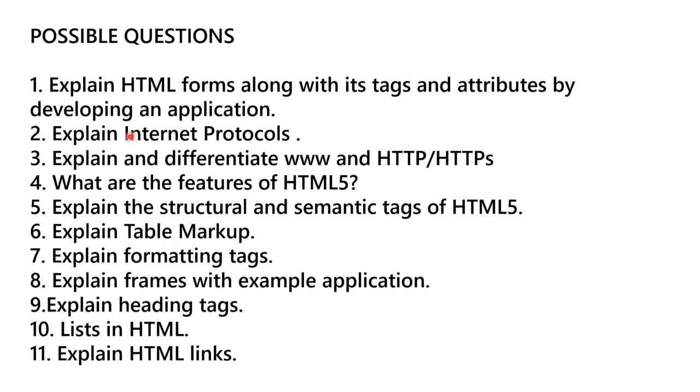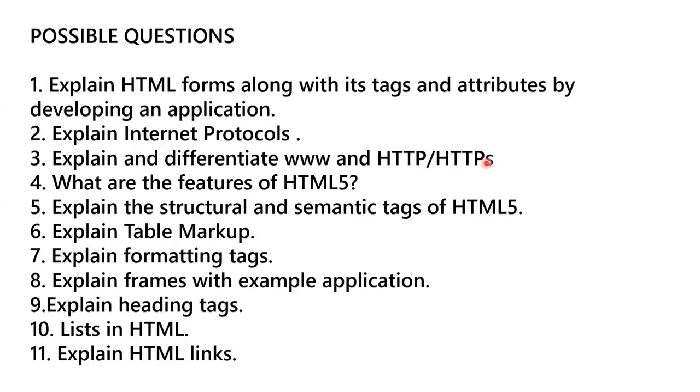You can explain in the format of diagrams, or you can just put a side heading and give just 1 or 2 sentences for each protocol. Mostly these questions will not be asked in this unit because the same concept is included in unit 3 and unit 4.